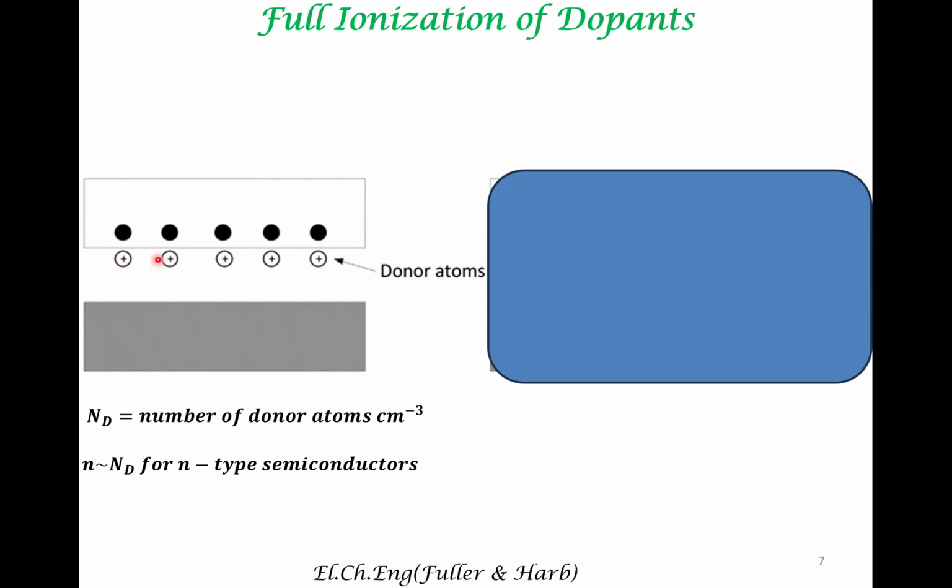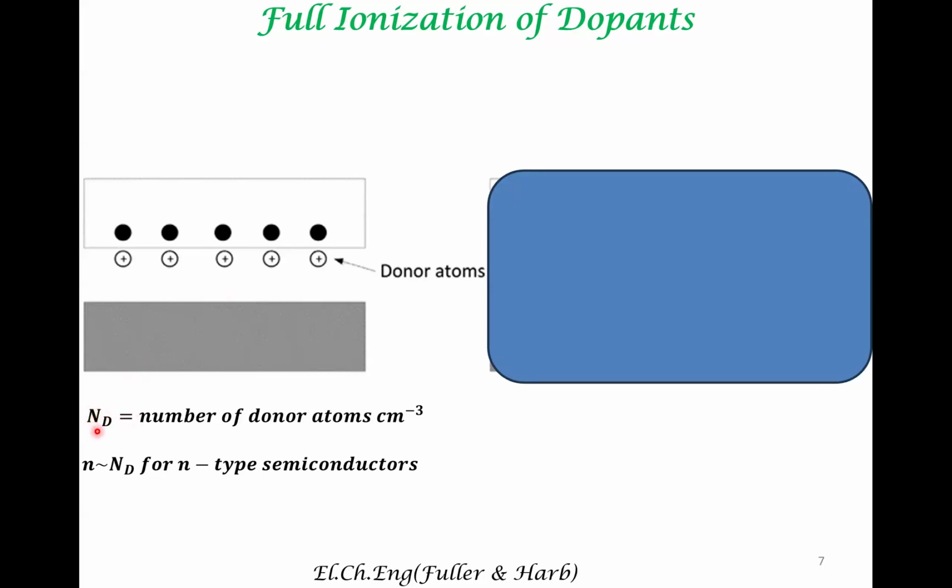So typically, one approximation that is utilized is all the dopant atoms are fully ionized. This is referred to as a full ionization dopant limit.